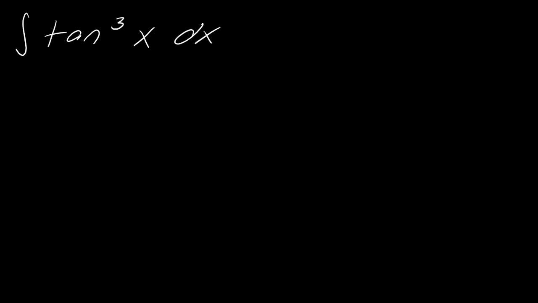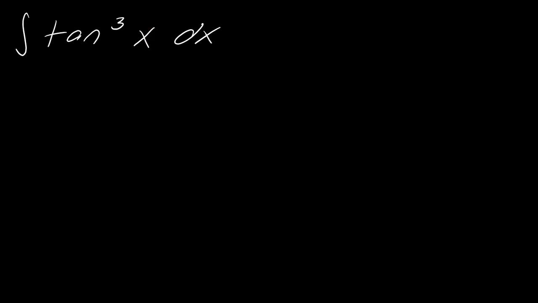So how do I evaluate these? Let's start with tangent cubed x. If you've been following along with this series, one of the things we've seen is that with odd powers, a lot of times we want to break this up so that you have this 2k plus 1 form, as I like to call it.